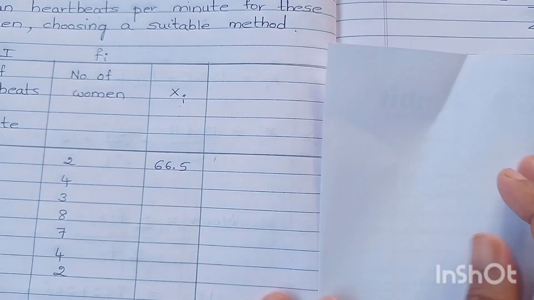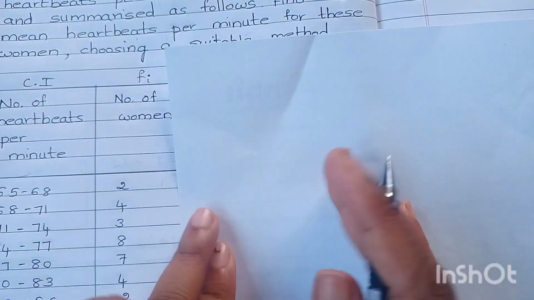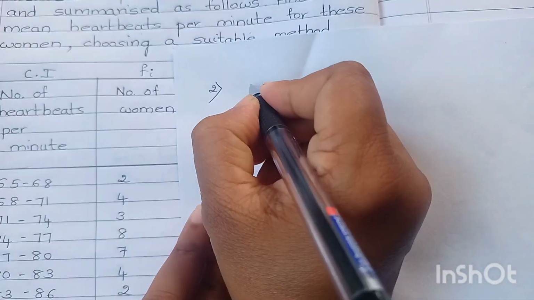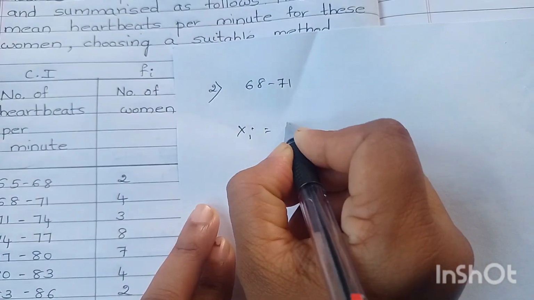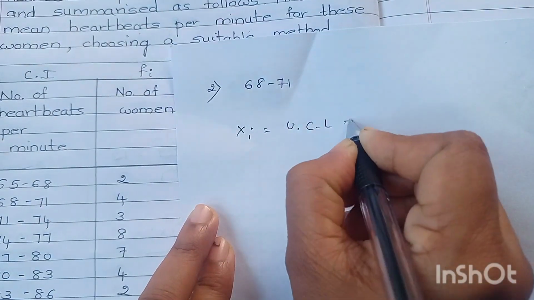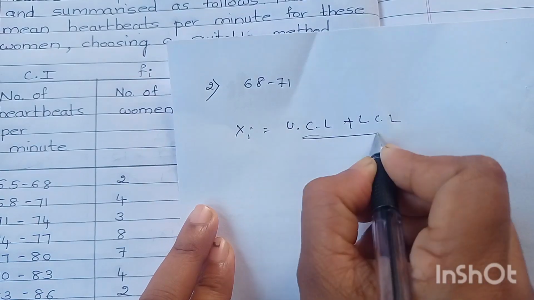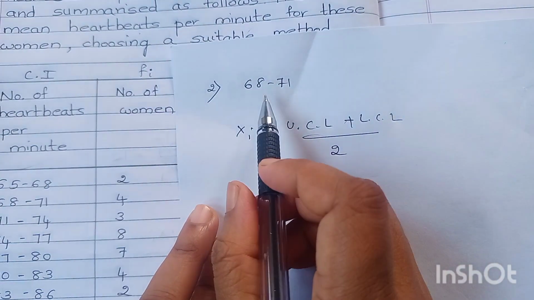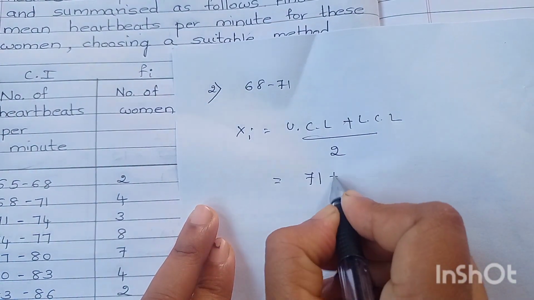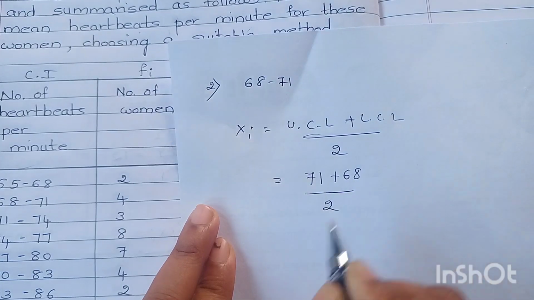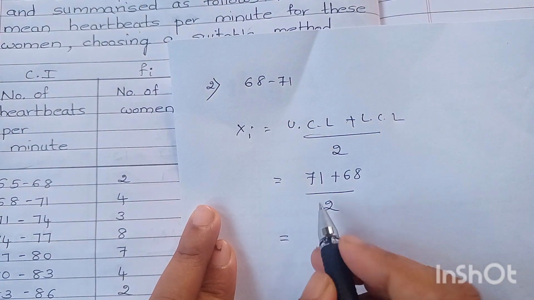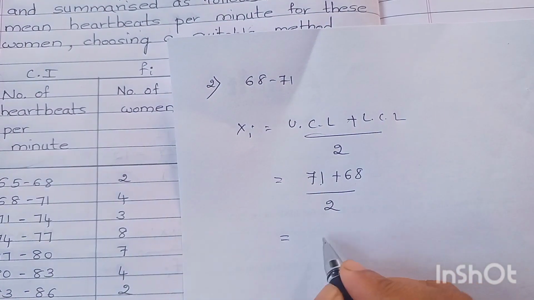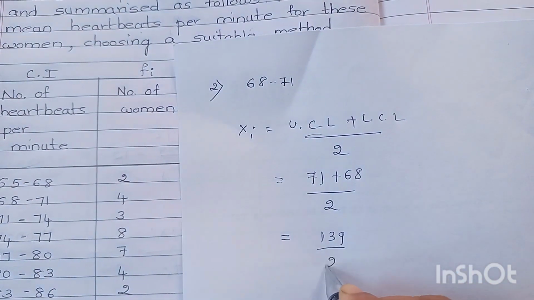Second one, 68 to 71. xi is equal to upper class limit plus lower class limit divided by 2. The upper class limit is 71 plus 68 by 2. That is 139 divided by 2.